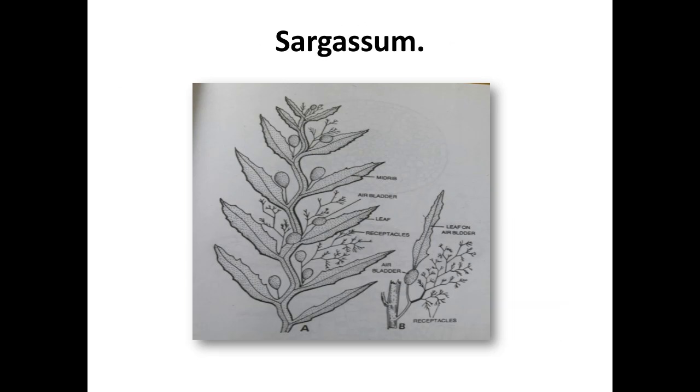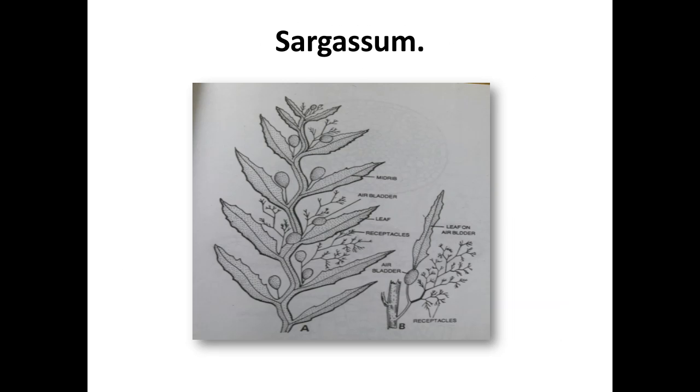Now see within this particular diagram. There is a central axis, and this central axis bears two types of branches, limited and unlimited branches. Then within these leaf-like structures, in the axil, there is a rounded structure known as the air bladder, and this air bladder contains air, so it is useful for floating purposes.